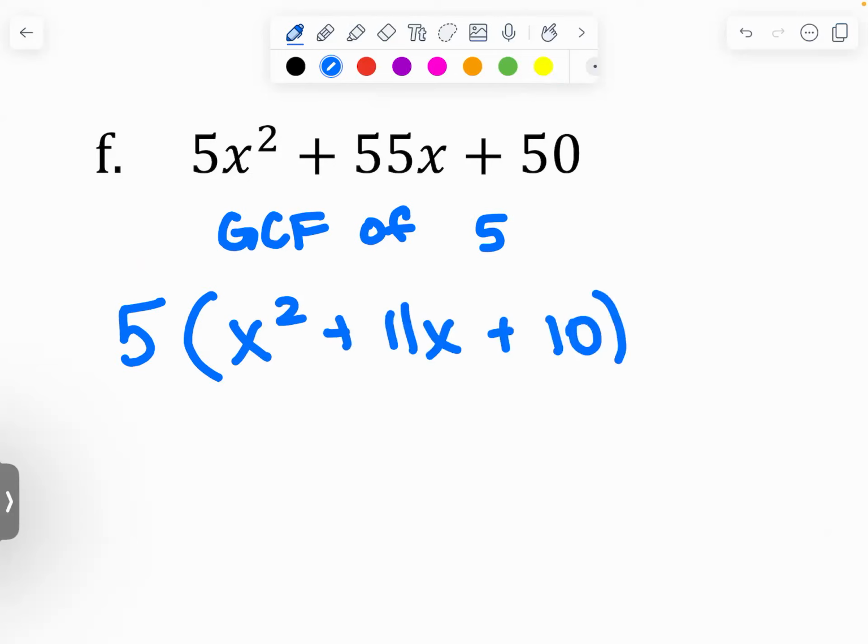Okay. Is that something we can factor? Yeah. Okay, write down what it factors to then.